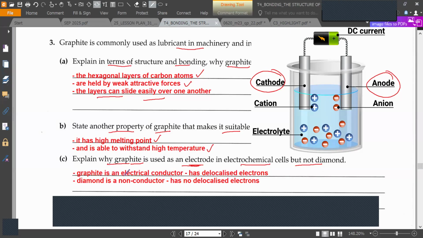Graphite is an electrical conductor. It has delocalized electrons. Diamond is a non-conductor. It has no delocalized electrons, or no free electrons. So that's why we will use graphite as electrodes.